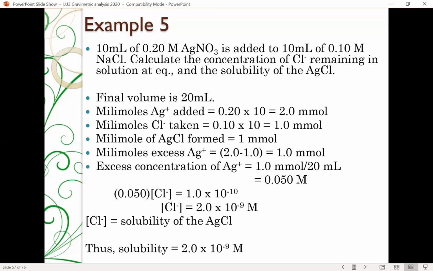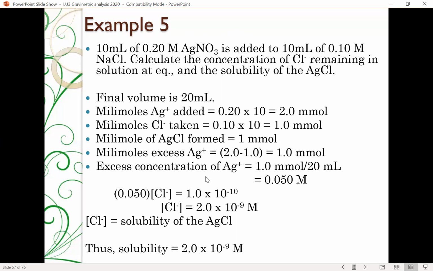So we have 1 millimole excess of Ag+, and we have the excess concentration of Ag+. How do we calculate excess concentration? We go back to the formula n, which is mole, equal to M, molarity, times V, volume in liter. So here we're going to use information all in millimole and milliliter.